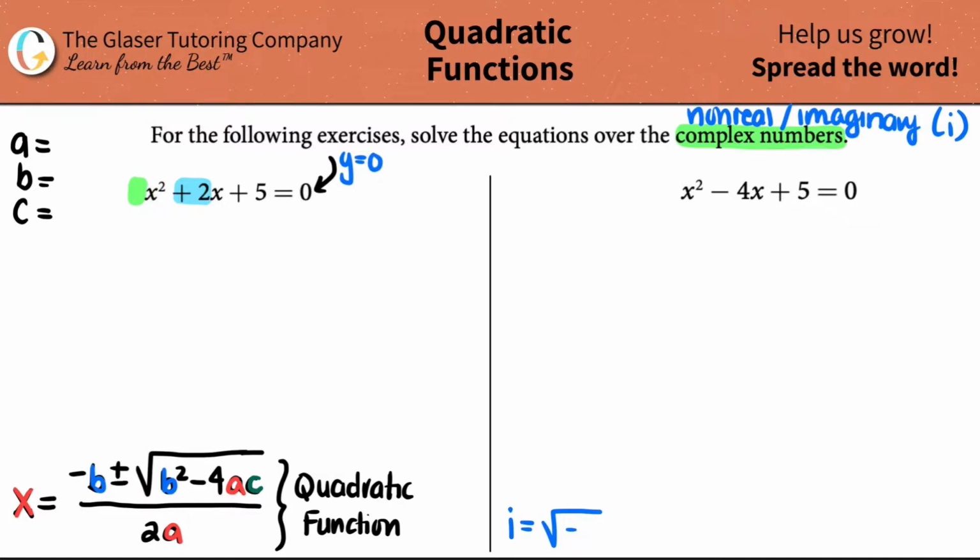The b is the number that always is with just the x. And the c value is always the one that's by itself. So, if we go by that, my a value would be 1, my b value is a positive 2, and my c is a positive 5.